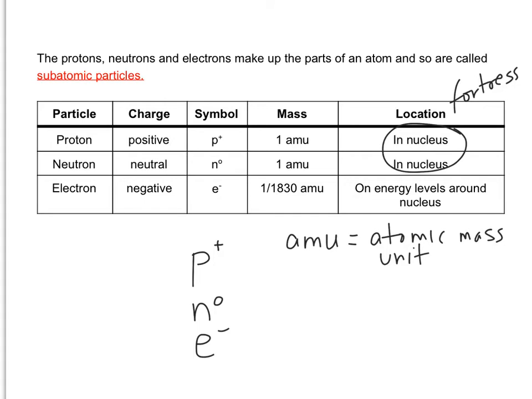So what that means is it is 1830 times lighter than a proton or a neutron. Or you could say we need 1830 electrons to equal 1 proton in terms of mass. And we find these on the rings around the nucleus.